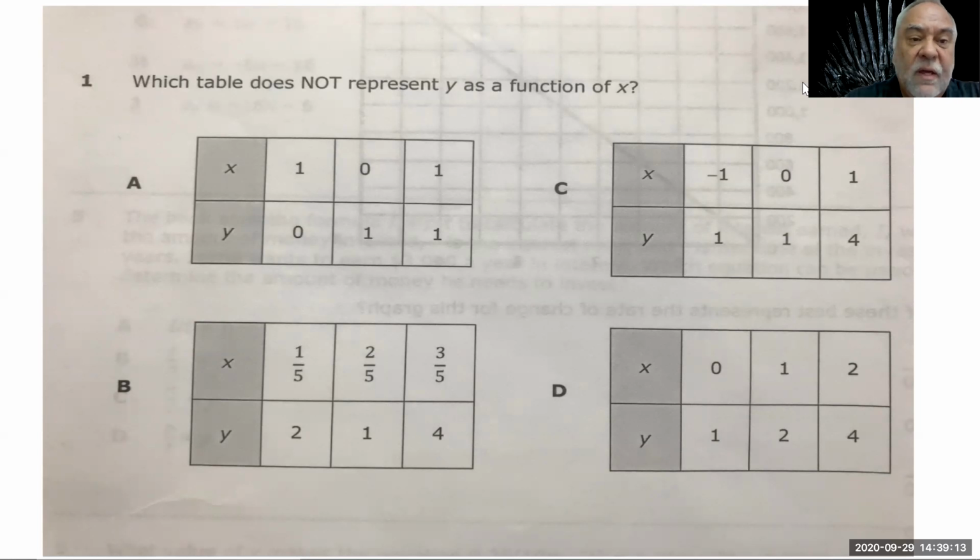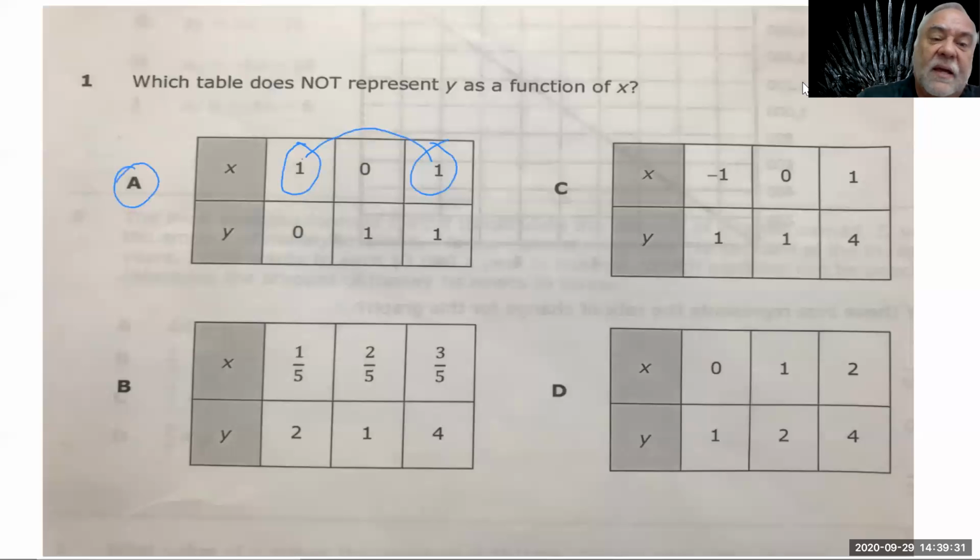I told you, if you're looking at a table or at points, if x repeats itself, in other words, if you have one value of x that shows up multiple times, it is not a function. And here we have a 1 and a 1, okay? Therefore, A has to be the answer. Let's look at the others.